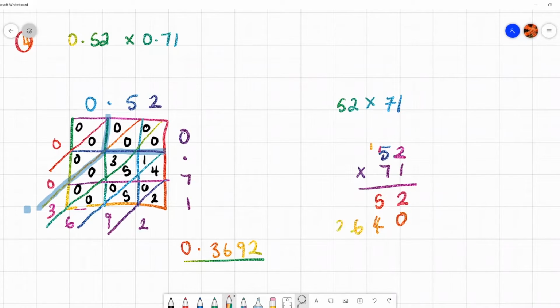Add 1, 36. Add, that's 2, that's 9, that's 6, and that's 3. Again, I times this one by 100, and I times this one by 100. So I've got to divide by 100, 2 jumps, and divide by 100 again to get 0.3692. And you can see that I've ended up with the exact same answer.